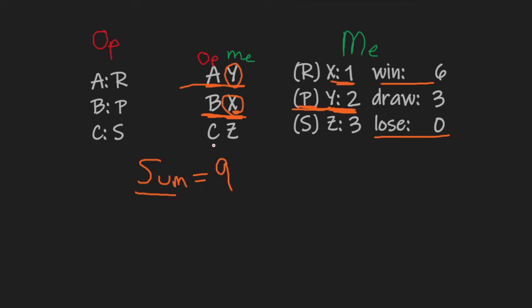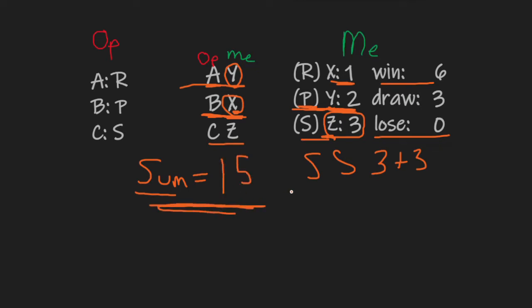And then we go to the last round. Our opponent plays scissors and we play scissors because we played C, so we're going to draw. So we get 3 plus, since we choose scissors, we also get 3. So 3 plus 3 is 6. So 9 plus 6 is going to be 15. That's the score. So that's pretty much the idea.